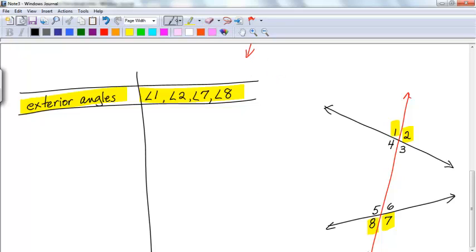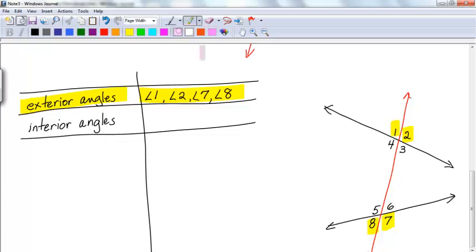Okay, the next one is interior angles. If those are on the exterior, you ought to be able to guess which ones are on the interior: 3, 4, 5, and 6.